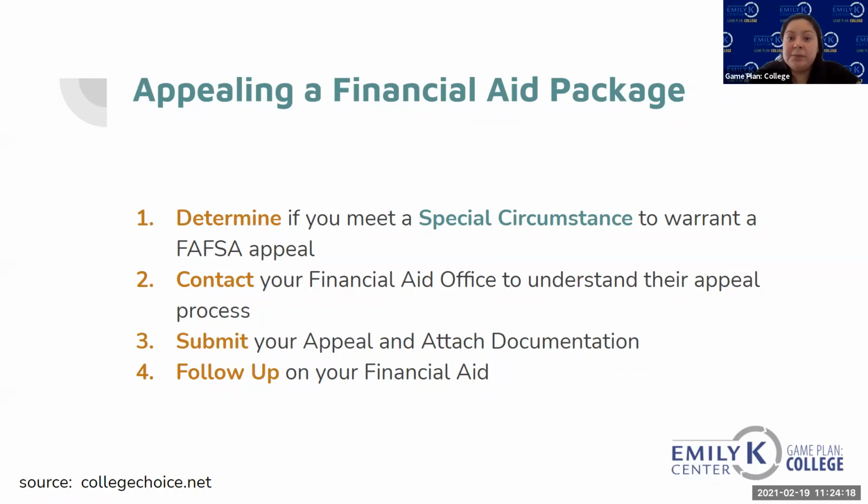That's a special circumstance where you can file an appeal. Then you want to contact your financial aid office and understand their appeal process. Then you want to submit all your documentation, complete all the steps, and then follow up and hopefully get a rapid response from them on that appeal.